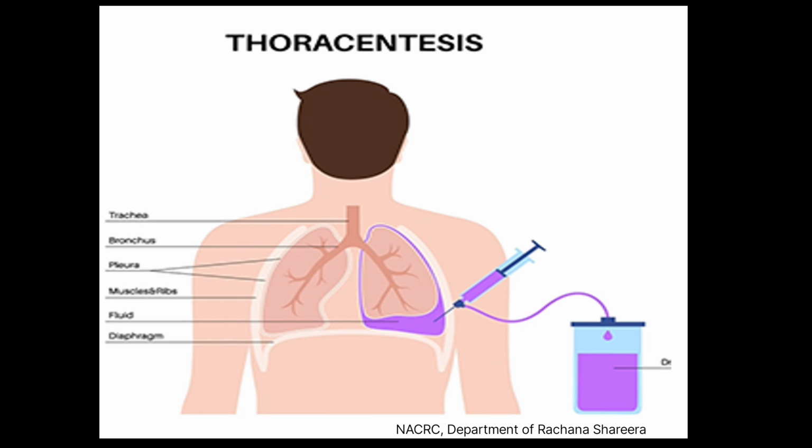Thoracentesis: when the pleural cavity is full of pleural fluid, then your lung capacity is down, so we can do this method to remove the extra fluid from your pleural cavity and give space for the expansion of your lungs.